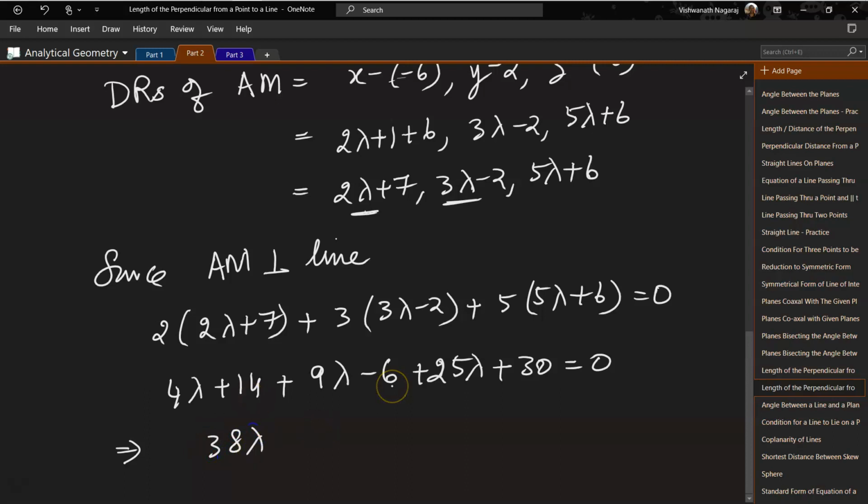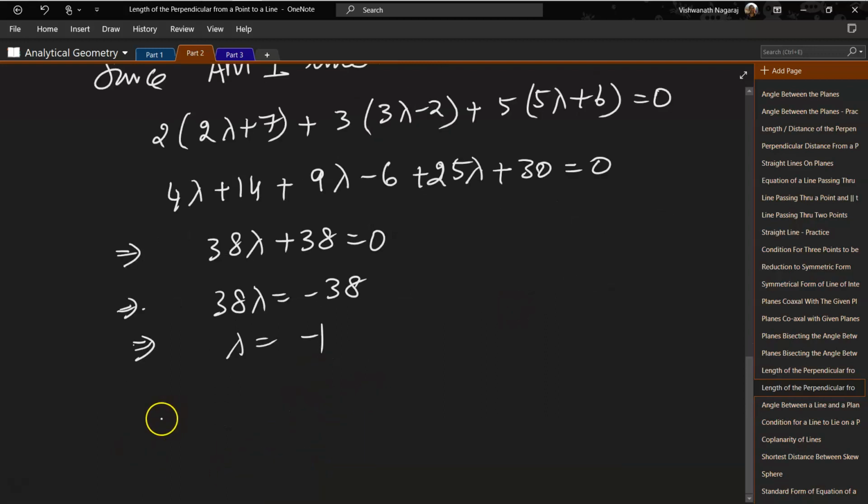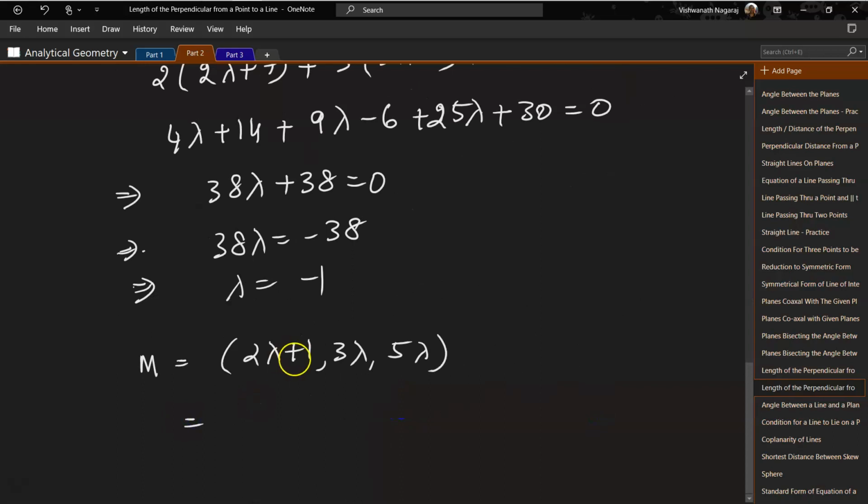Now 14 minus 6 is 8, 8 plus 30 is 38. So 38 lambda plus 38 is equal to 0, which means lambda is equal to minus 1. Now, since we know lambda, M would be equal to (2 lambda plus 1, 3 lambda, 5 lambda), which is equal to (minus 2 plus 1 is minus 1, minus 3, minus 5).